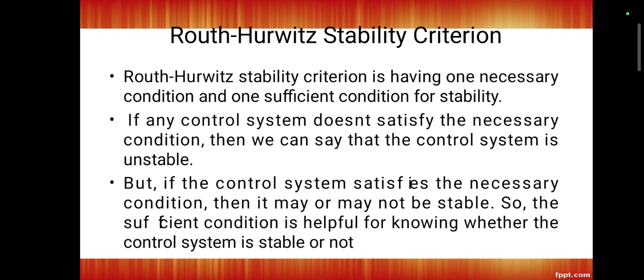If any control system doesn't satisfy the necessary condition, then we can say that the control system is unstable. But if the control system satisfies the necessary condition, then it may or may not be stable. So the sufficient condition is helpful for knowing whether the system is stable or not.